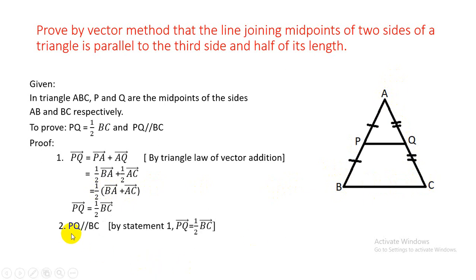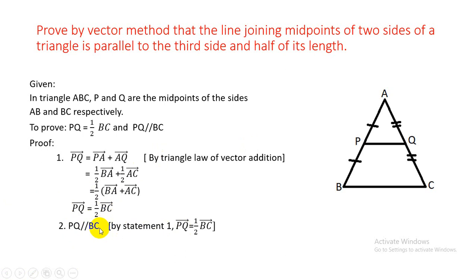It means PQ vector is parallel to BC vector. By statement 1, PQ is parallel to BC, and PQ is 1 by 2 of BC. It means the first part is proved and then the second part is proved.